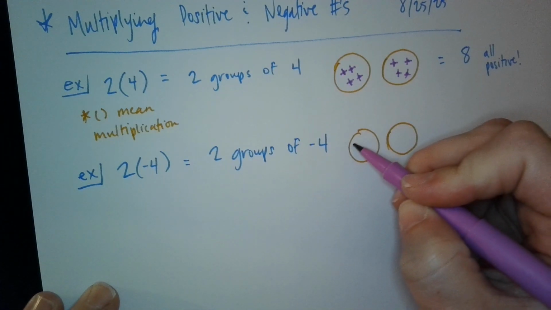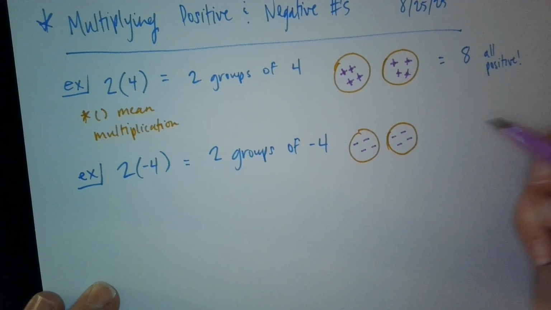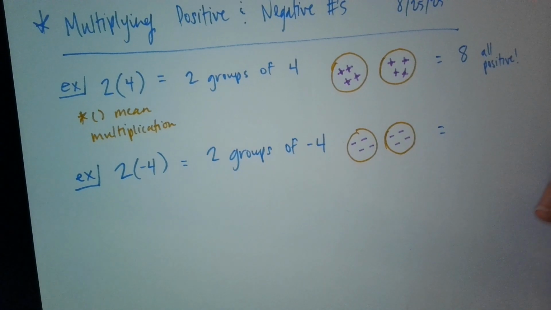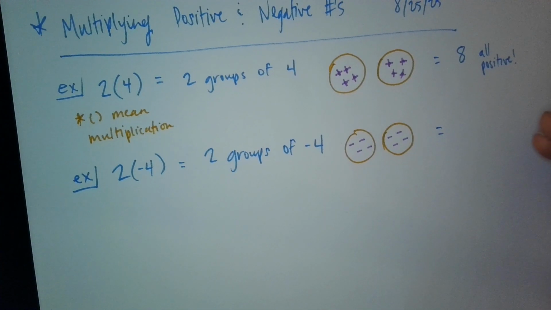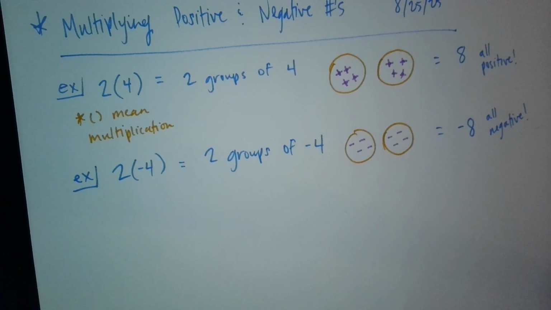Negative 4. So there's 1, 2, 3, 4. 1, 2, 3, 4. And they're all negatives. So if I have groups of negatives, then how many do I have total? Yeah, they're 8 negatives, or negative 8. They're all negative. Right? Makes sense. 2 groups of negative 4.